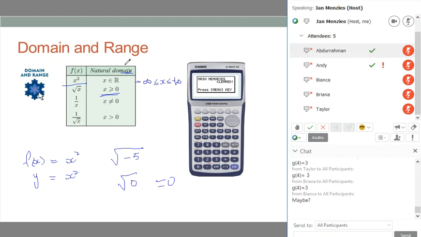But when you do your weekly work, I want to remind you, you don't just say, oh yes, when you read this summary table. You've actually got to say, what on earth do they mean? And if you look at 1 over x, x is not equal to 0, you've got to say, oh, of course, when x equals 0, 1 divided by 0 is undefined. So make sure that you do that thinking.